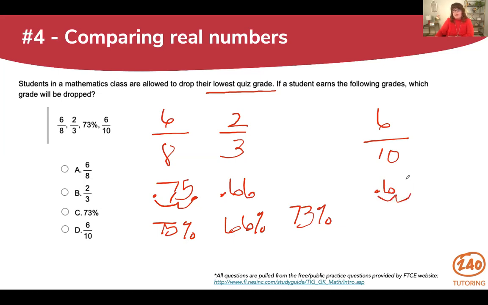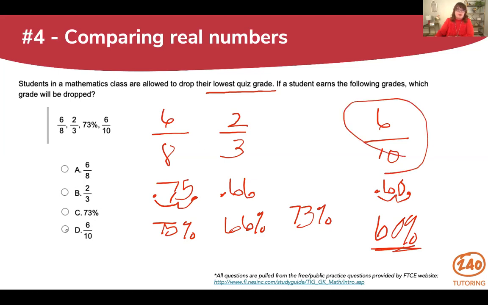Remember, we can add a 0 behind the decimal and it doesn't change the value. So I move that decimal 2 places, 0.6 becomes 60%. Now we can easily compare these, and we can see that the one that is the lowest quiz grade is the 60% or the 6/10. So the correct answer here is D.